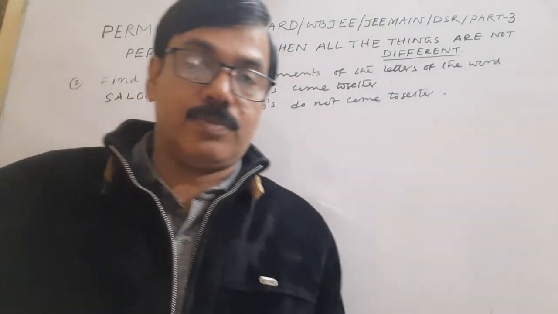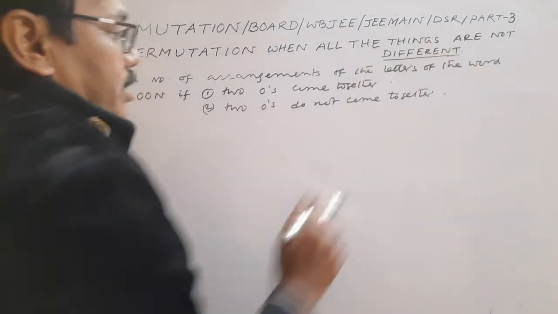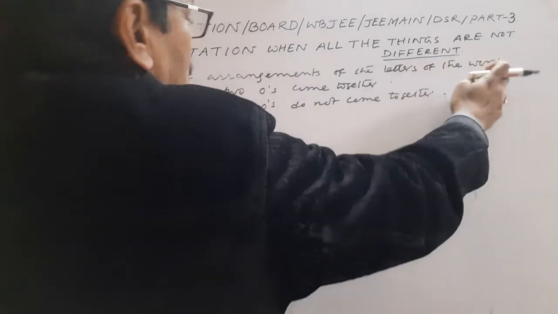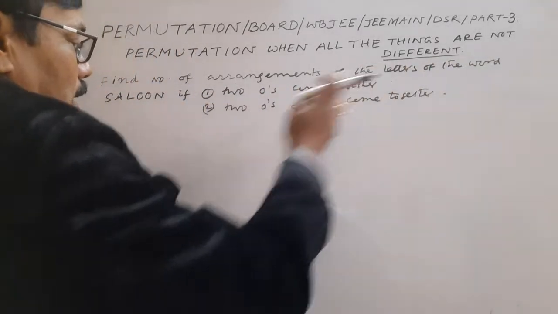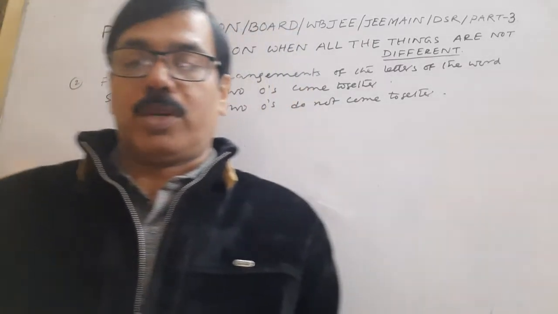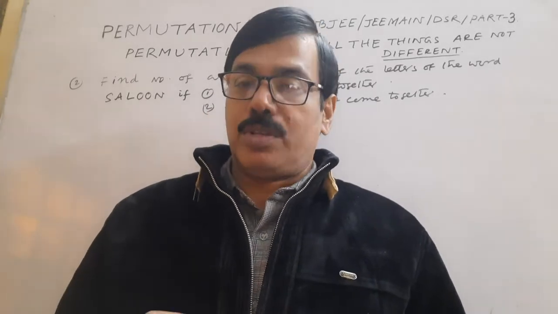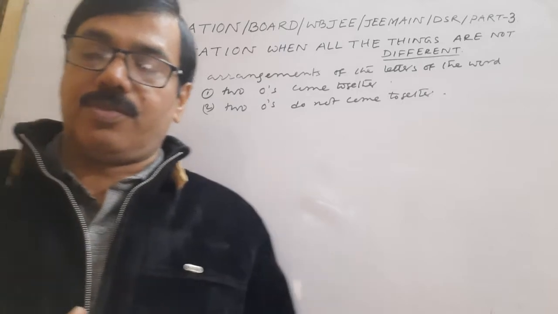Now we consider a problem where a restriction is given. Find the number of arrangements of the letters of the word SALOON if two O's come together. Number 2, two O's do not come together. Same technique we shall use as in the earlier class.